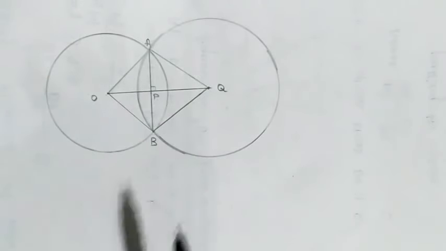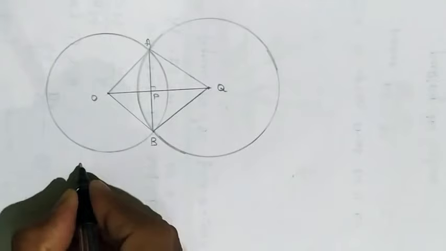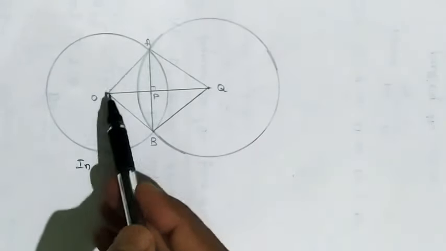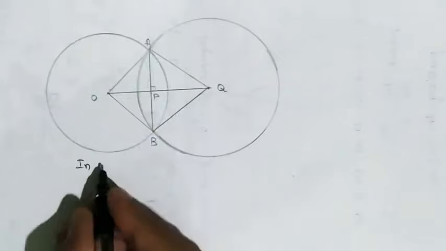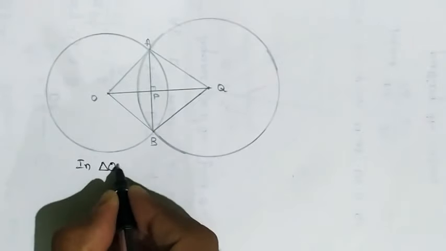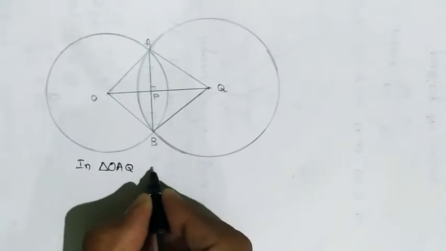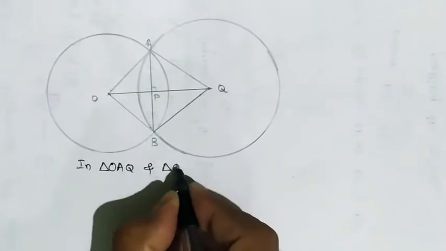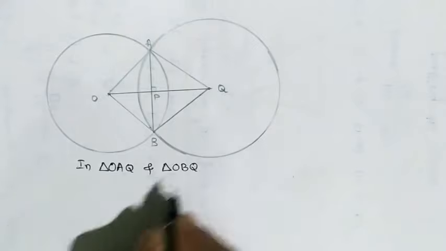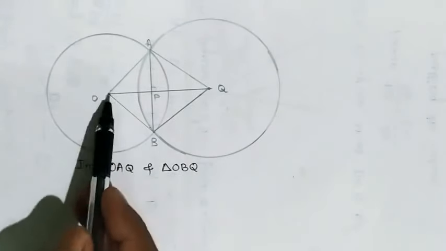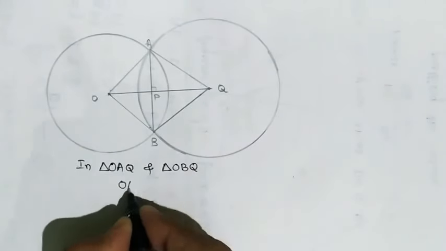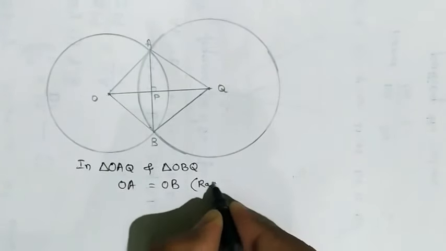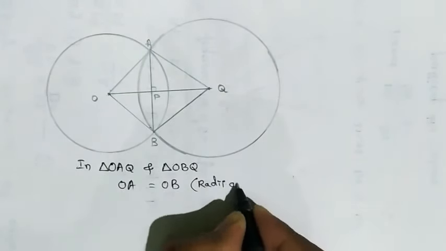Okay, so let's take first triangles. In triangle, which triangle? I'll take triangle OAQ and triangle OBQ. See here OA equal to OB. Why? OA equal to OB because radii of same circle.